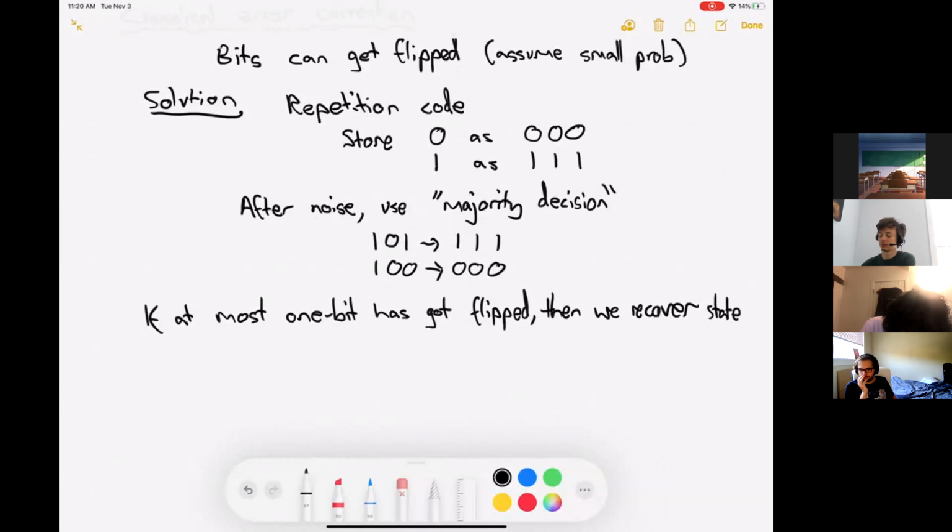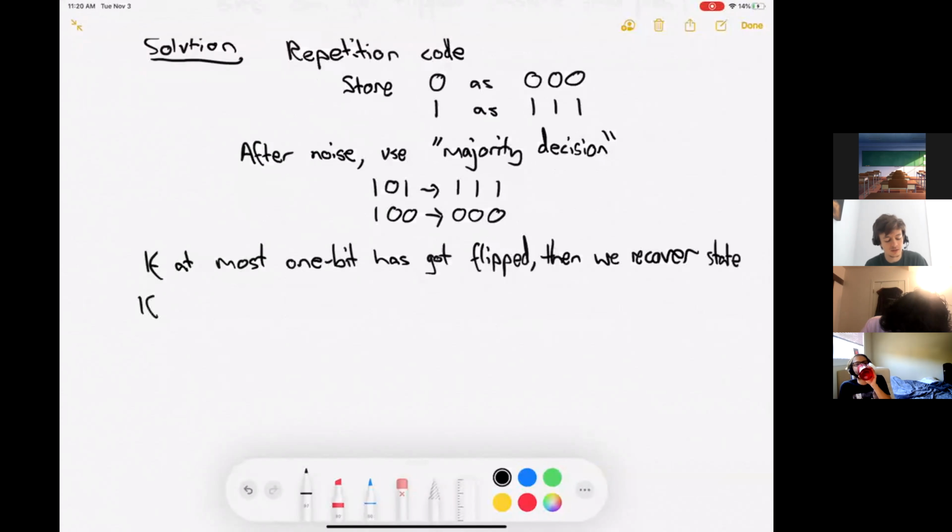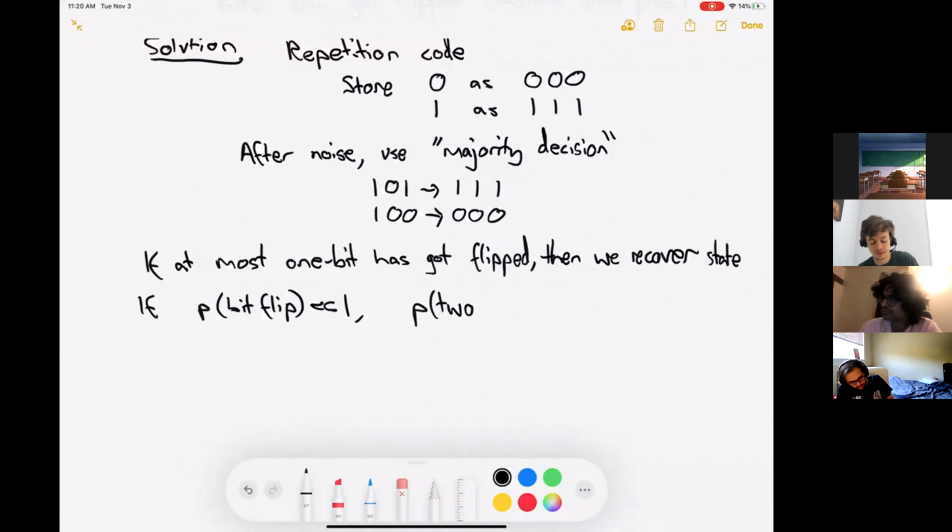Okay. On the other hand, if the probability of a bit flipping is very, very small, then the probability of greater than or equal to 2 out of 3 flipping is order p².